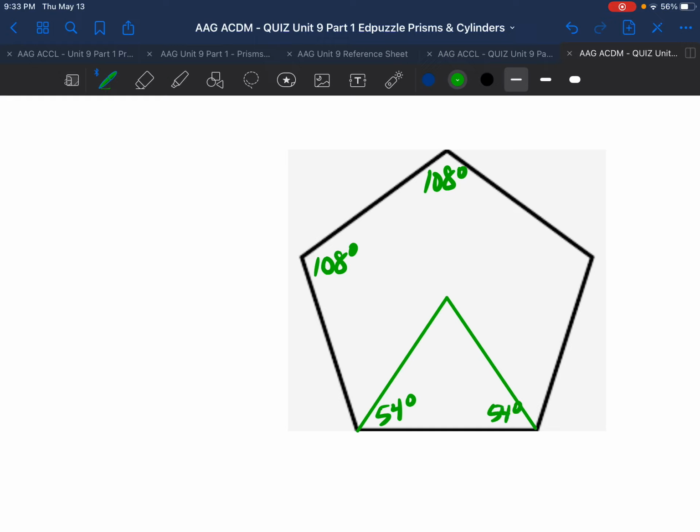Ladies and gentlemen, this is not a special right triangle. It's not an equilateral triangle, so we're going to need to use some trigonometry. Hint, hint. Okay? So maybe you're looking from here, and we're looking for the height of the triangle. But remember, we knew that each side was 11. But by the time we get to the bottom, you're going to have half, or 11 bisected into 5.5.